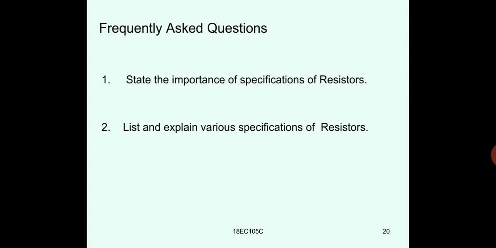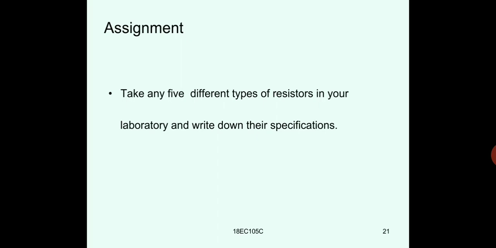Now next one is list and explain the various specifications of the resistors. We can work on an assignment like this. You can take any 5 different types of resistors in the lab and write down the specifications from what we have learned.